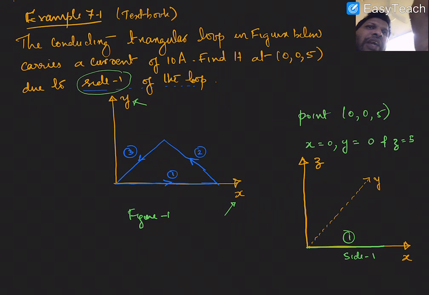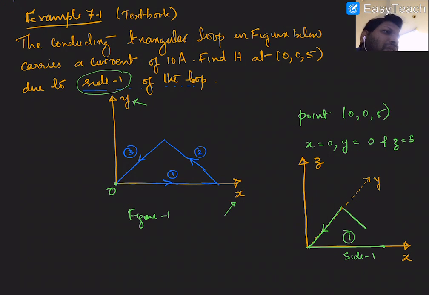So here, this is your side 1. Side 1 starts from the origin and ends on the x-axis at some point. Then it moves in the xy plane. And what about side 3? Side 3 is coming to the origin.